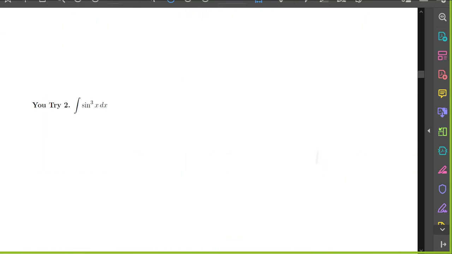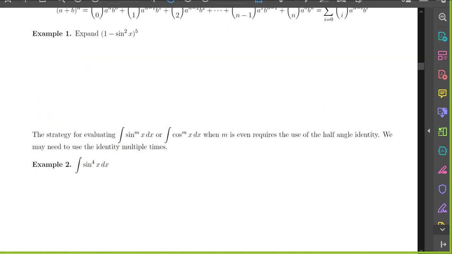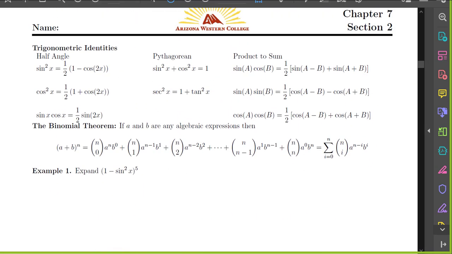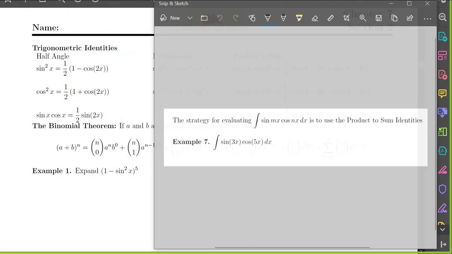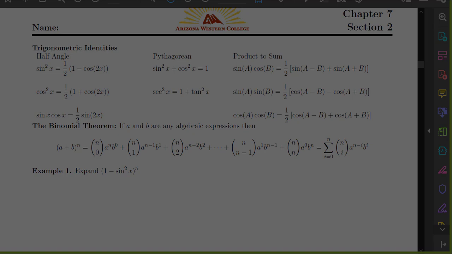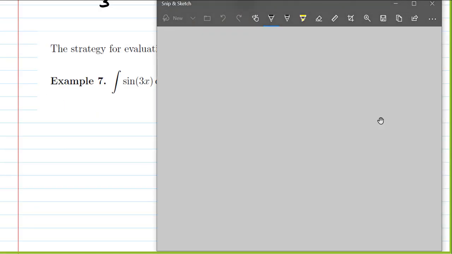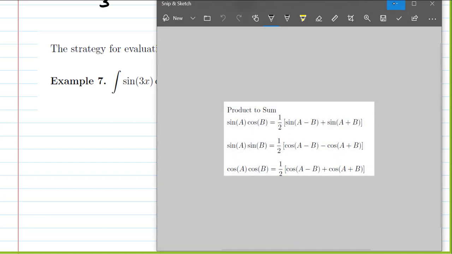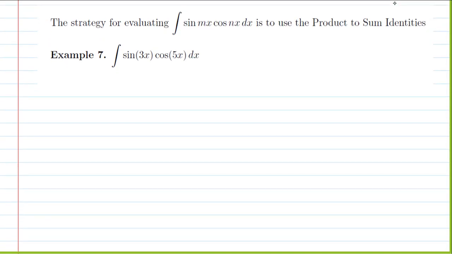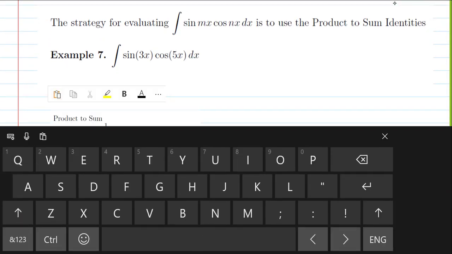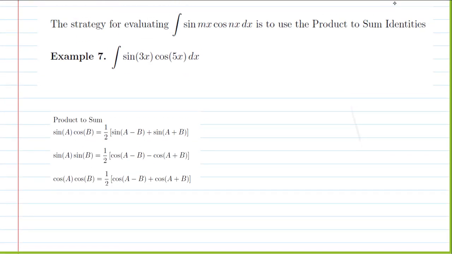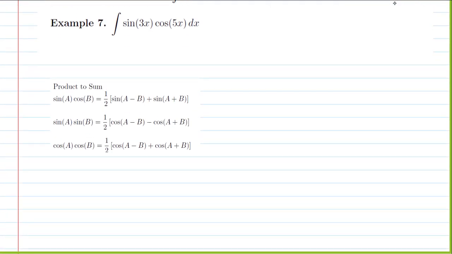So anytime we have a product of these like this, we're going to have to use one of our identities. So if we go back to the very first page, we have our product to sum identities right here, and there are 3 different ones for us to look at. And in this case, we have a product of sine and cosine.